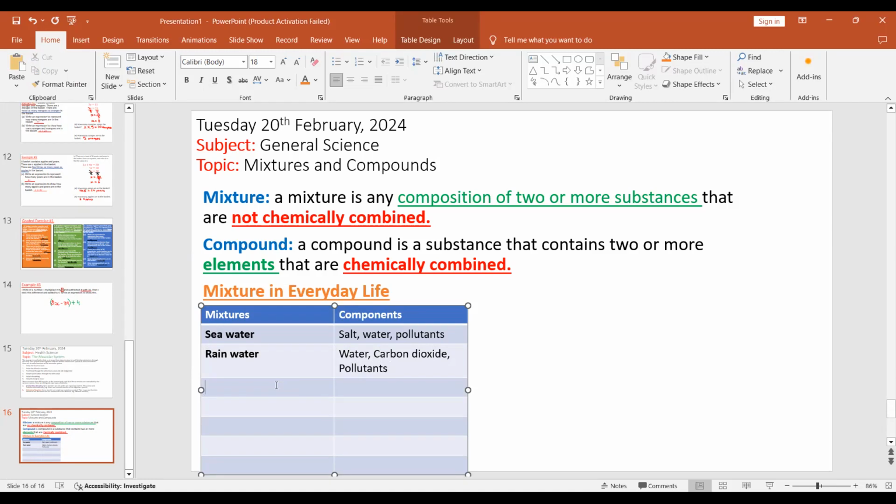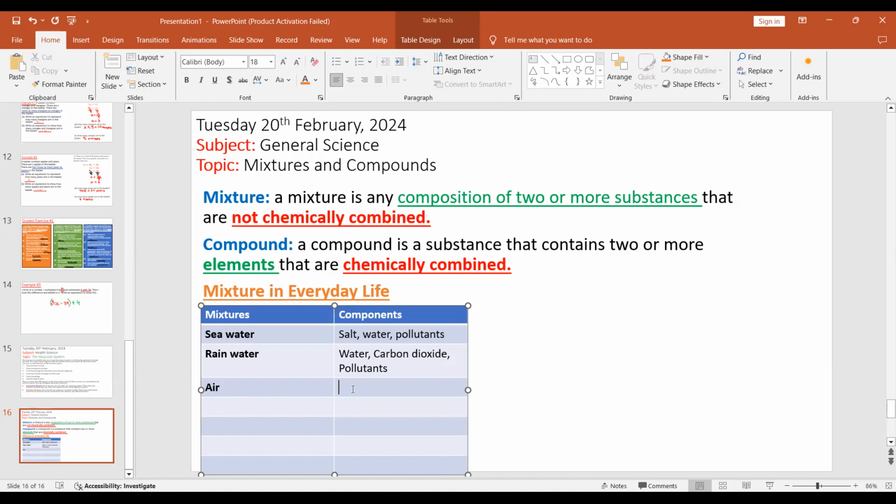How about probably the most used mixture of all time, and that's air. Air is a mixture. It's a mixture of what? Gases. What are the gases that are in air?